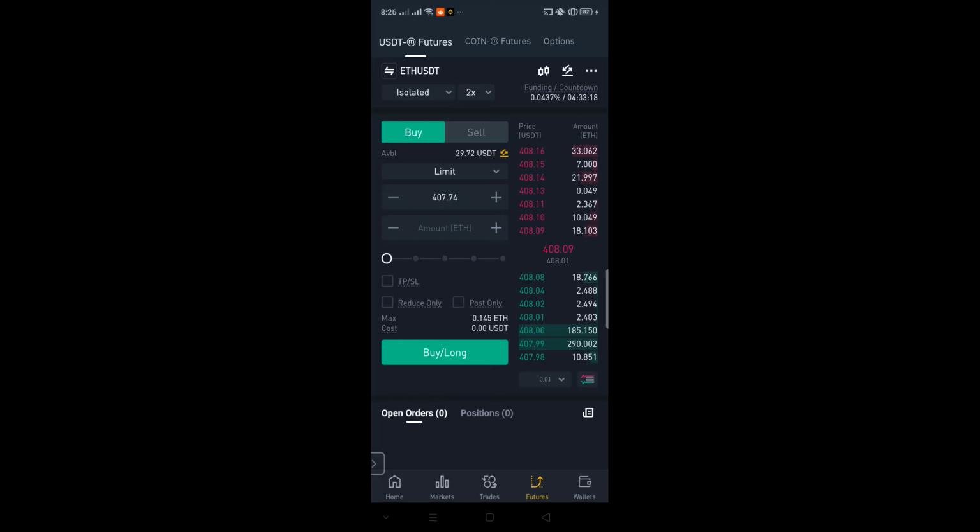Please don't go above 2x. This is what it means. On spot, if your profit is 3%, once you're on futures and you are using 2x, it means your profit will be 6%.